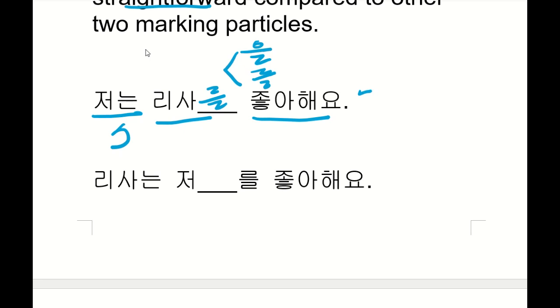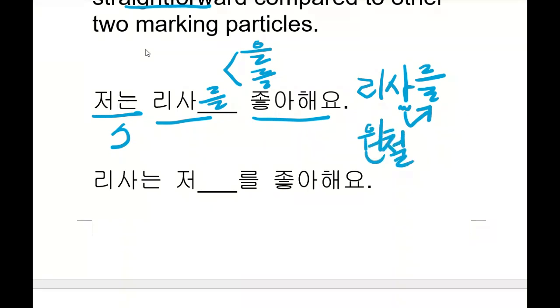Sorry about my bad writing. 리사를. When it ends with a vowel, 리사를. But when it ends with a consonant, then it's 을. Again, 원철, 을. Ends with a consonant, then 을. Okay.